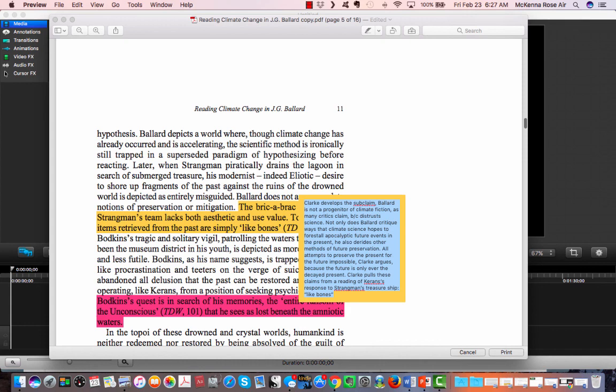When Karen describes Stringman's treasure ship as being like bones, our author reads that phrase, like bones, as an example of Ballard's distrust of preservation efforts, i.e., any attempt to preserve the present for the future is simply to anticipate decay. It is naive at best and destructive at worst.